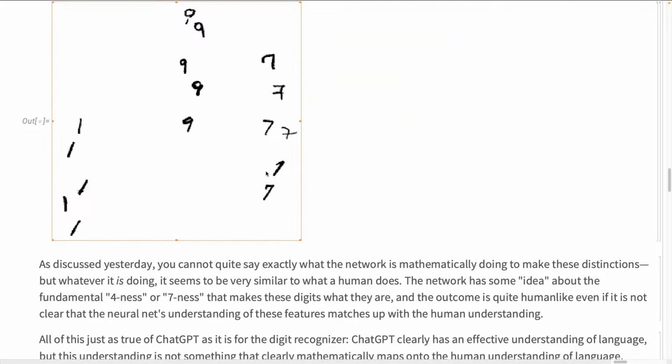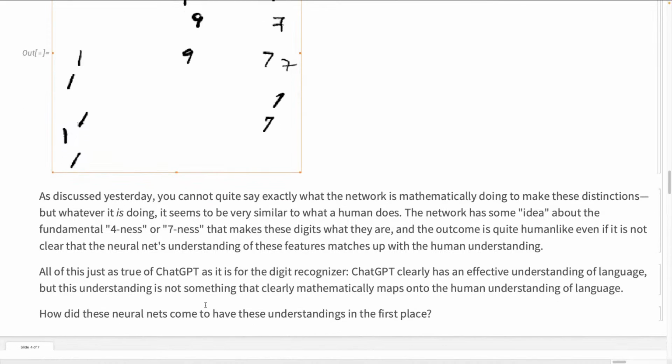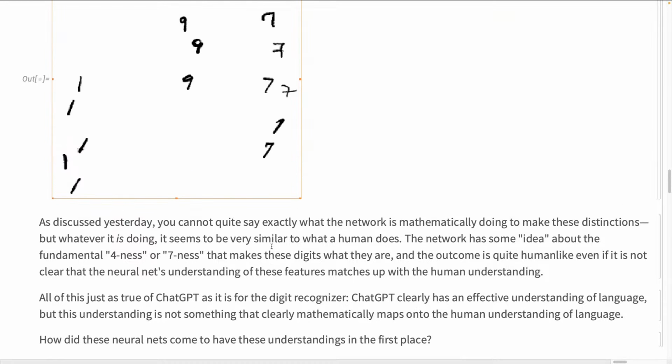So the network seems to have learned some idea about the fundamental 1-ness or 4-ness or 7-ness or 9-ness that makes these images representative of the digits they actually represent. The outcome is pretty clearly human-like, even if it's not clear that the internal understanding of the neural net matches up with the way that humans do it. What matters is that in the end, it makes similar judgments to what a human would make.